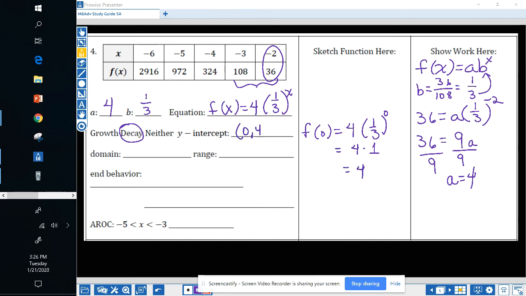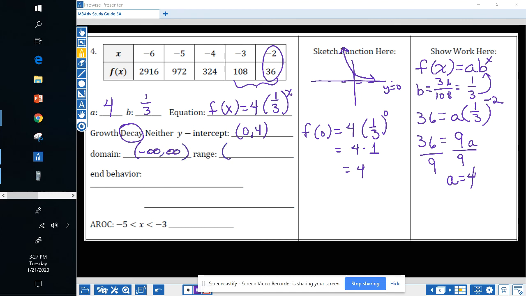0, 4. My quick sketch: asymptote, y equals 0. My y-intercept is 0, 4, and it's a decay, so it's going to be decreasing. All real numbers for my domain.